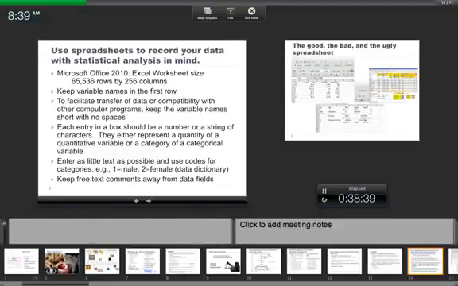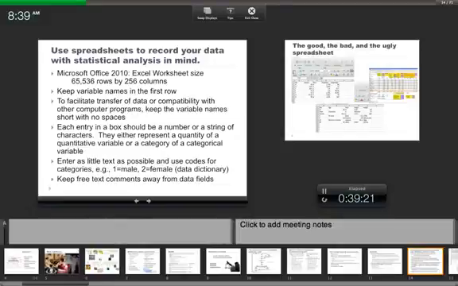And to facilitate the transfer of data and compatibility with other computer programs, it's a good practice to keep the variable names short and with no spaces. This is because of compatibility issues with the variable names of some of the older programs like SAS, etc. But SPSS will automatically put an underscore if you have a space. But with the older versions, it was a significant issue.